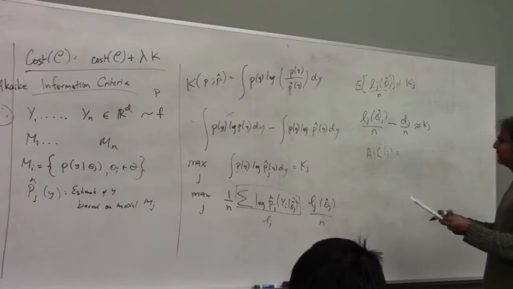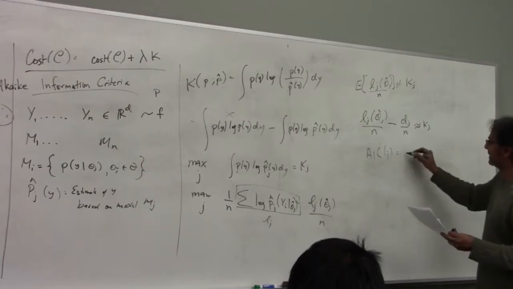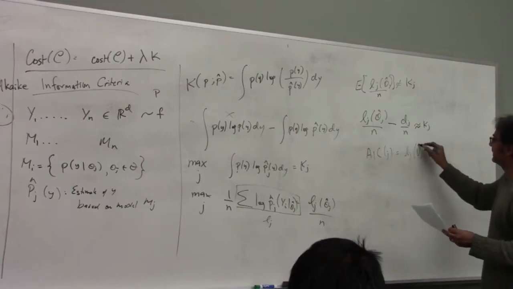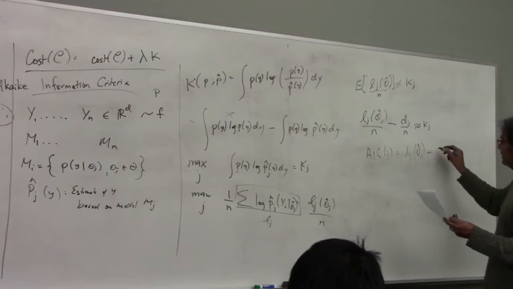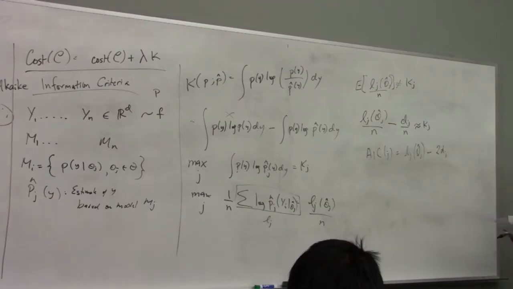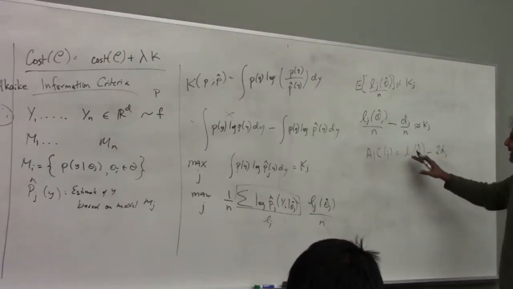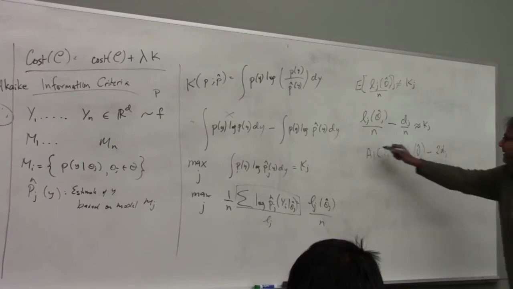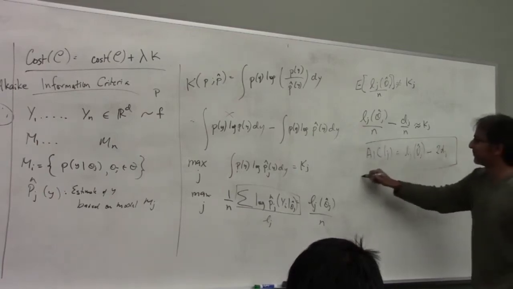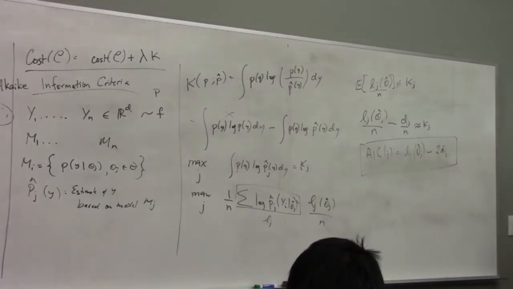Again, I don't know why that happened, but eventually what you end up with is this. They just multiply this by 2n, and there was a 2 here that goes away. But anyway, this is a number that you can evaluate for each model, and then take the model that gives you the biggest value of this number. Biggest? Yeah, the biggest value of this number.